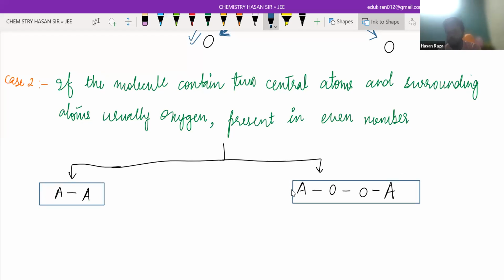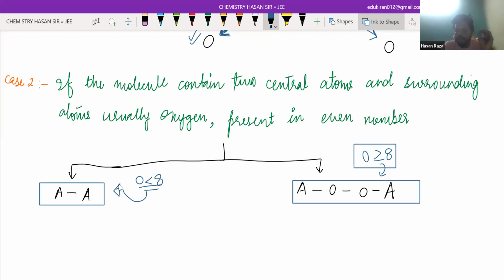Now, how are you going to recognize which linkage to use? It's very simple. When oxygen is greater than or equal to 8, you use AOOA. And when oxygen is lesser than 8 in even number, you use AA. Very simple. Are you getting my point?